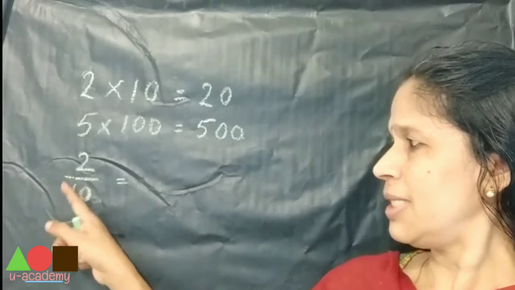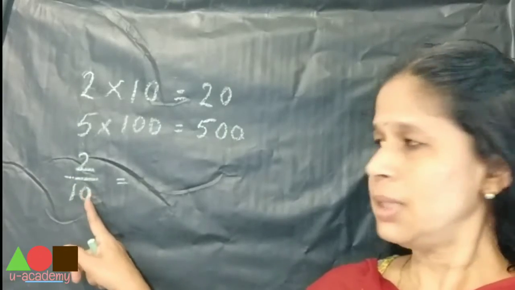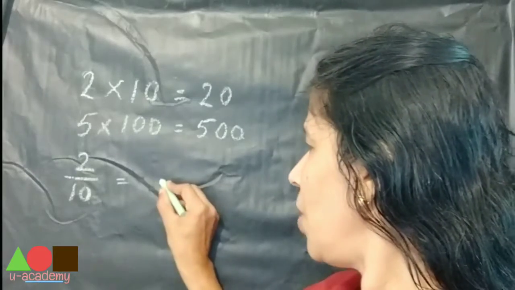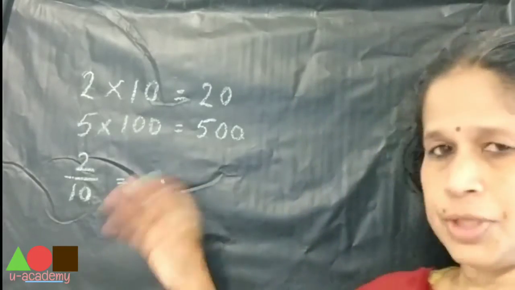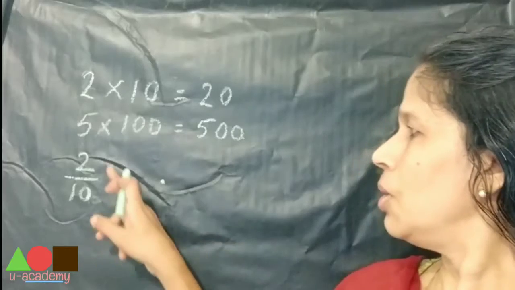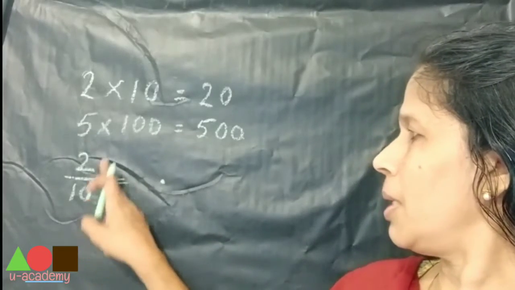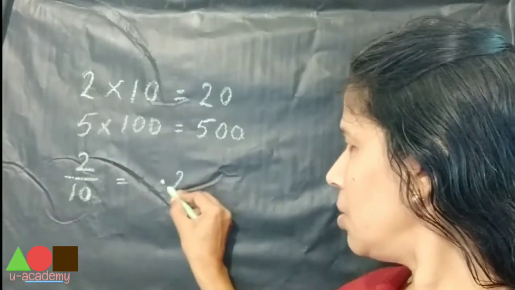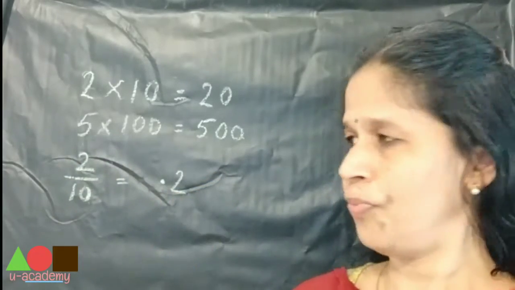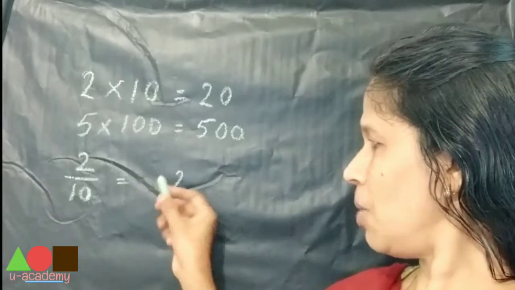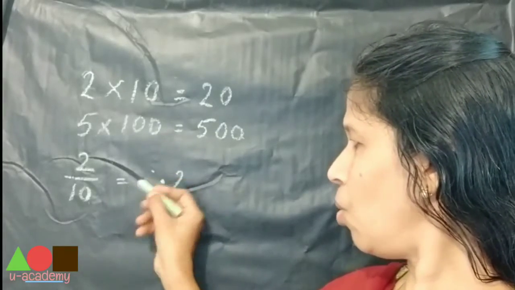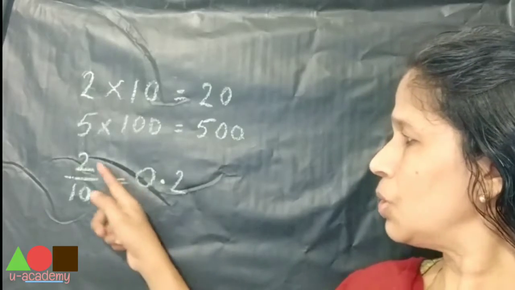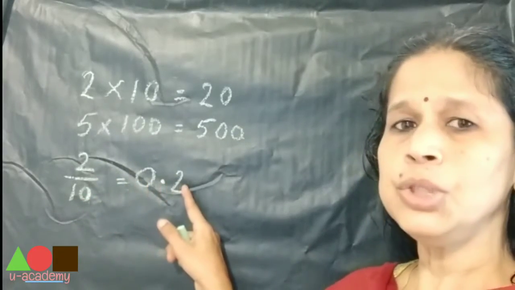So if it has 1 zero, that means the fractional part has one digit. So first we put the decimal point, after that only the fractional part comes, right? So one fractional digit. Here in the numerator already one digit is there. That digit we write. So the answer is 0.2. And there is no whole number part, so we write 0. So 2 by 10 equals 0.2.